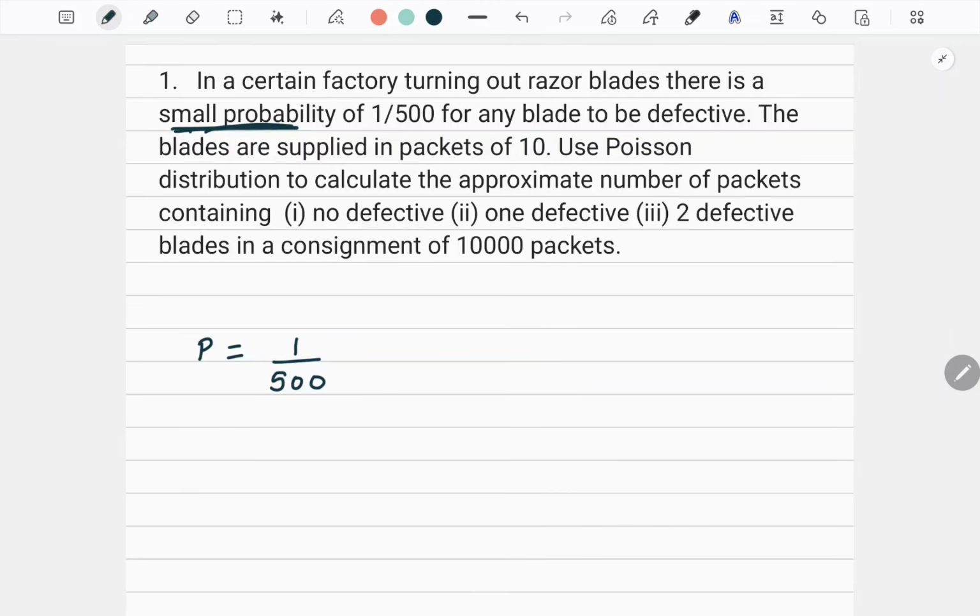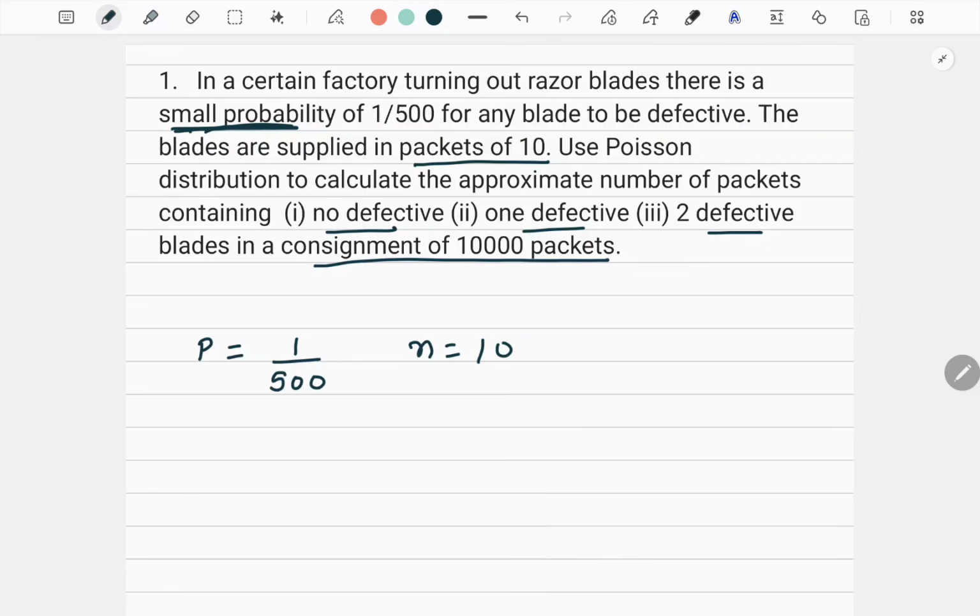So p is sufficient to do the question. The blades are supplied in packets of 10. Use Poisson distribution to calculate the approximate number of packets containing no defective, 1 defective, 2 defective blades in a consignment of 10,000 packets. So n is equal to 10.